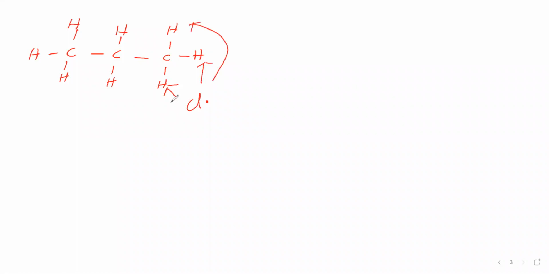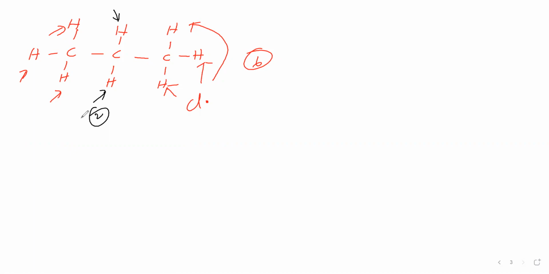It is primary. In the same way, this one, this one, this one. So for primary hydrogen going for halogenation, how many possibilities are there? 6 possibilities. Next, for secondary hydrogen going for halogenation, 2 possibilities are there.